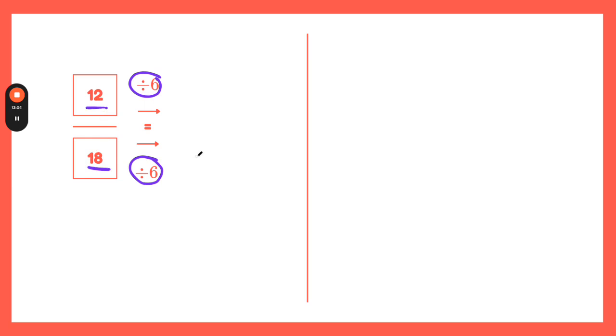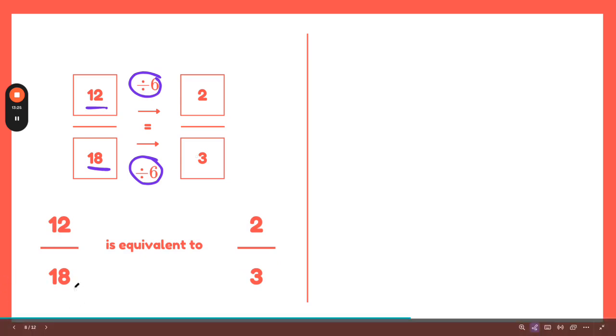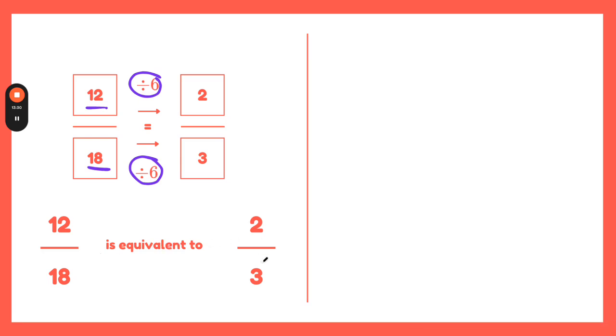So 12 divided by 6 is 2, and 18 divided by 6 is 3. So we get an equivalent fraction of 2/3. We can say that 12 over 18 is equivalent to 2/3. We can also say that 12 over 18 in its simplest form is 2/3.